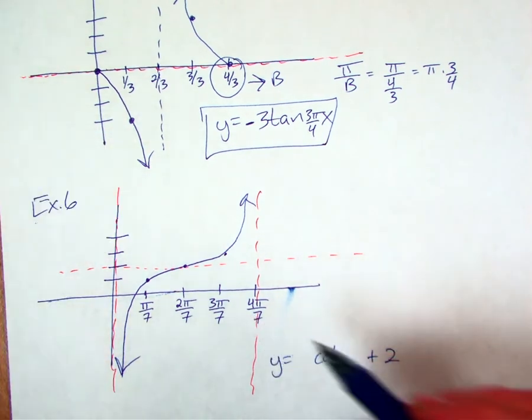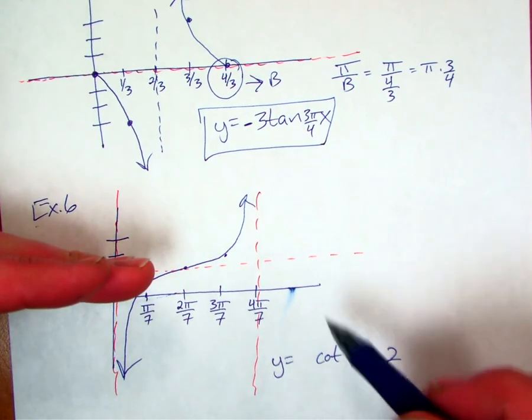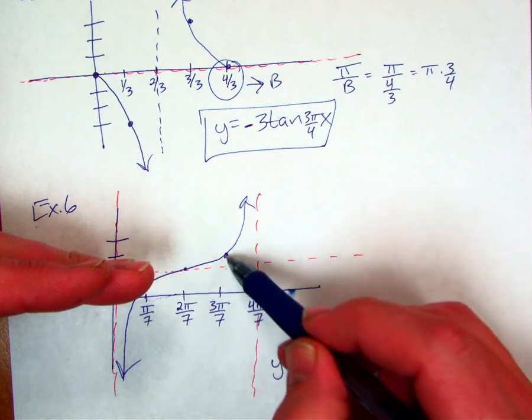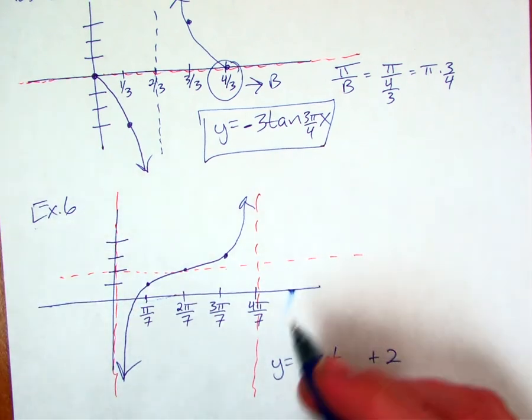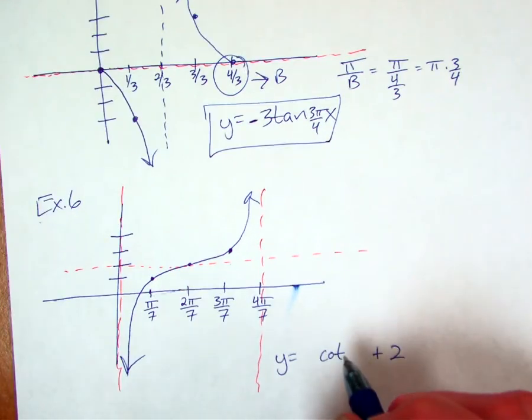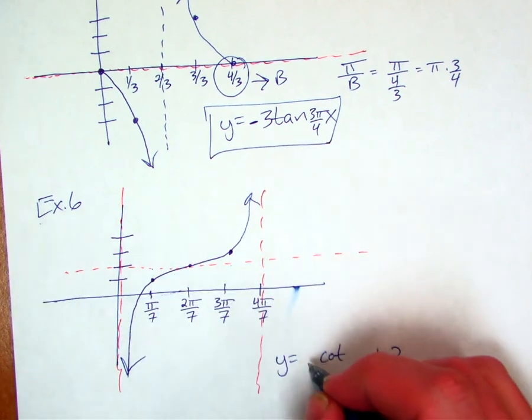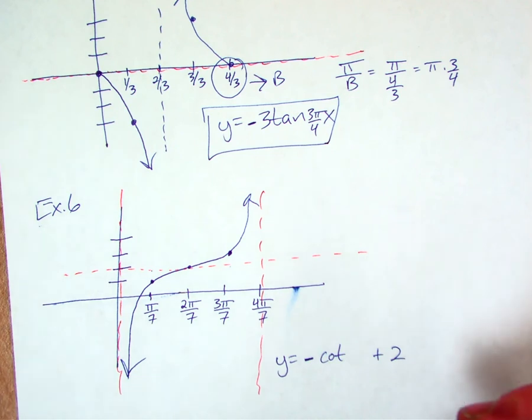Half above, half below. Because I know my vertical shift now, I know how far I counted up or down to get to these points. So it looks like my amplitude was 1. Was it negative or positive? Because you counted down first, your amplitude is negative.